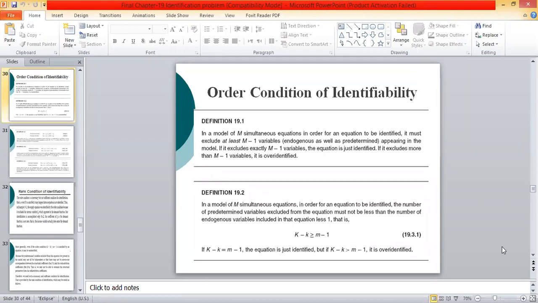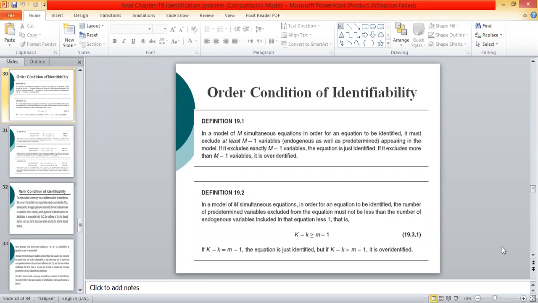If K minus k is greater than m minus 1, the equation will be over-identified. And if K minus k equals m minus 1, the equation will be exactly identified.